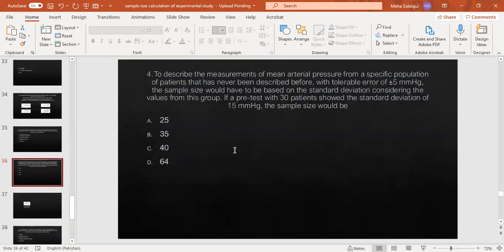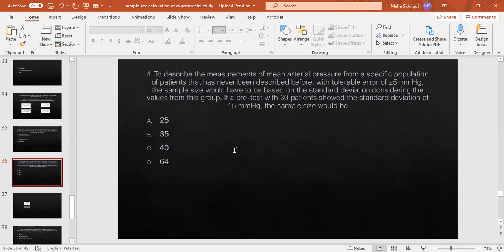To describe the measurements of mean arterial pressure from a specific population of patients that has never been described before, with tolerable error of plus minus 5 mmHg, the sample size would have to be based on the standard deviation considering the values from this group. If a pre-test with 30 patients showed a standard deviation of 15 mmHg, the sample size would be 25, 35, 40, or 64.